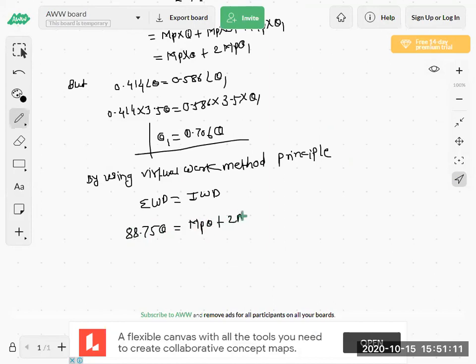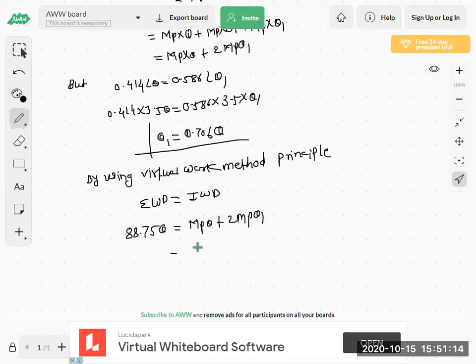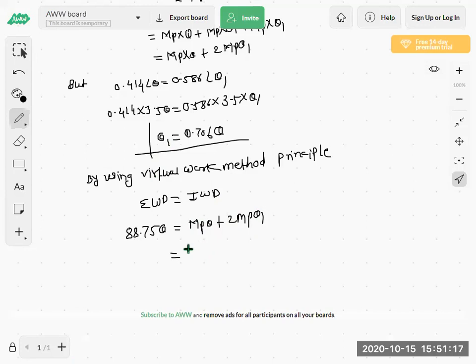MP theta plus 2 MP theta 1. Now put the value of theta 1 here. So this is MP theta plus 2 MP into 0.706 theta. So how much is this value in terms of MP theta? This is 1, and this 0.7 means 2.41.